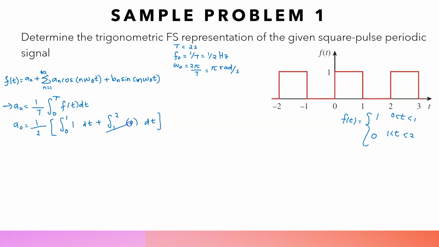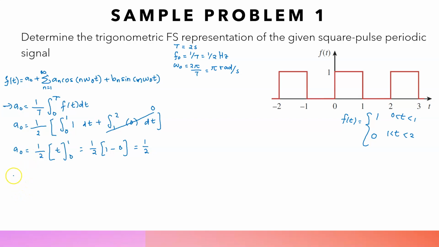So this part will be 0, and I am left with a0 equals 1 over 2 times the integral of 1. If I integrate this, I get t from 0 to 1, so it will be half times 1 minus 0. So a0 is half.